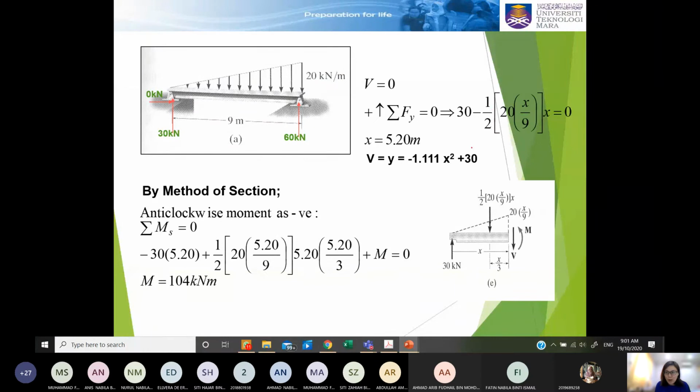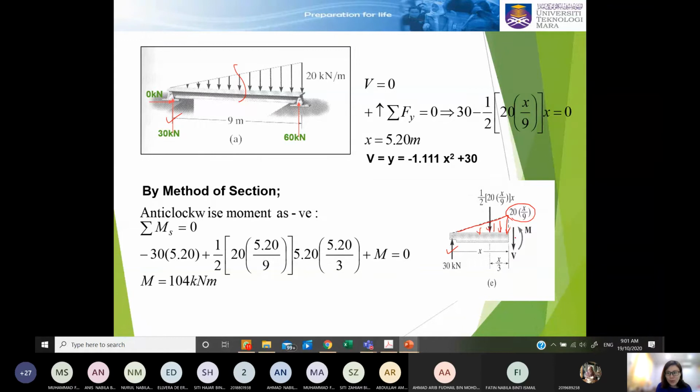While we have this, we need to draw all the information from this cut section. We need to include the AY. What else? This loading we already put in. It should be in this way, so this is 20X over 9.